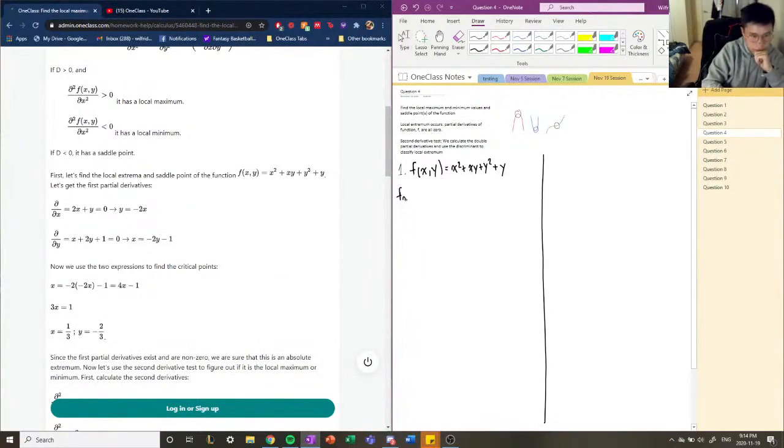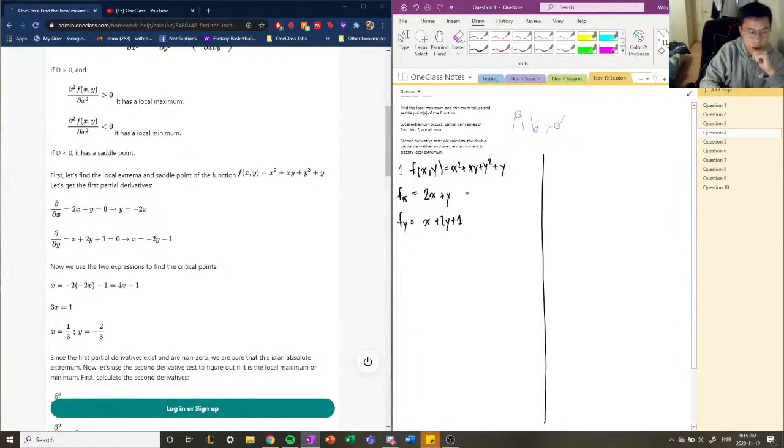Let's calculate f sub x. f sub x is just 2x. What we're doing with partial derivatives means that we're only differentiating in terms of x, so any y's in there we treat as constants. So 2x plus y plus 0 plus 0, because these have no x's in them. And f sub y would be 0x plus 2y plus 1.